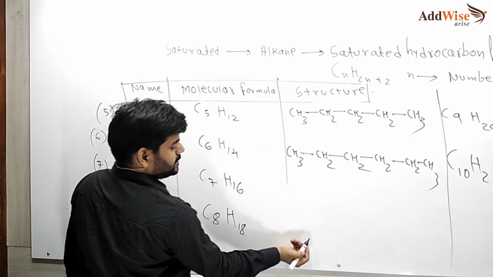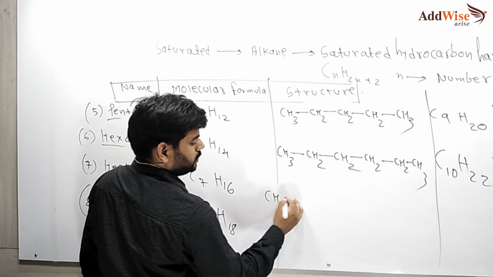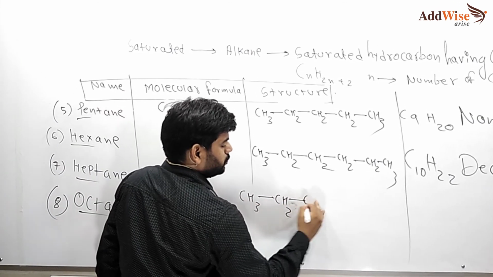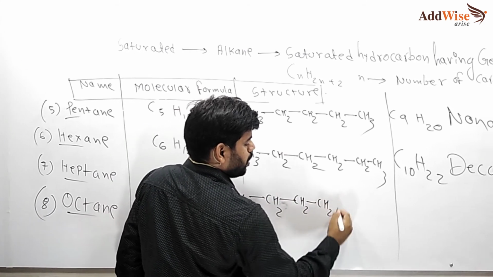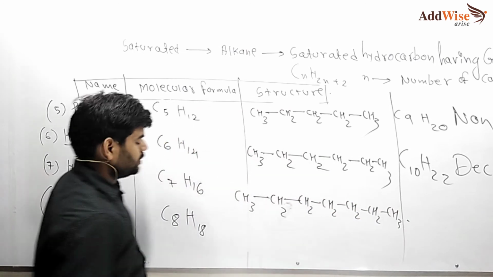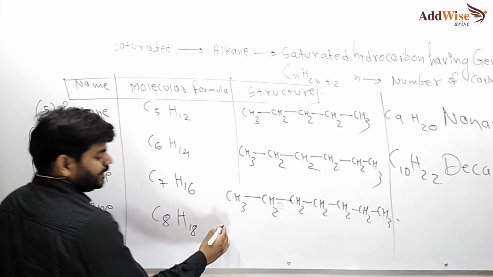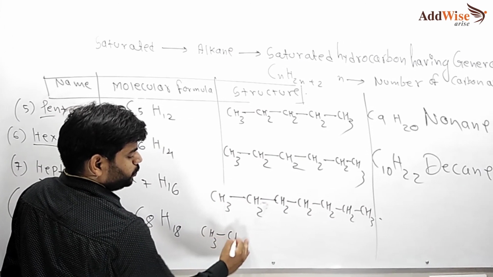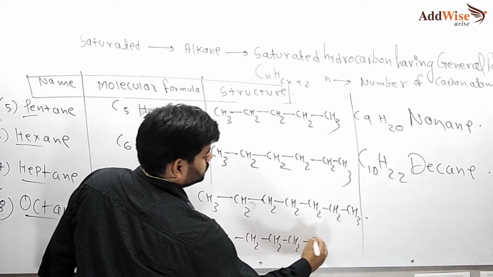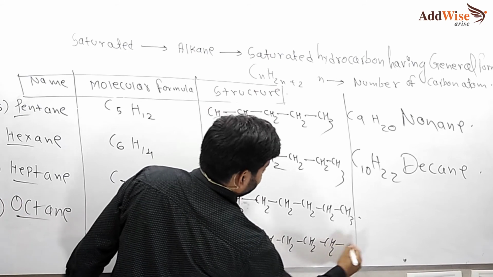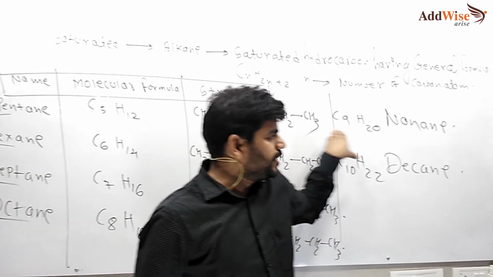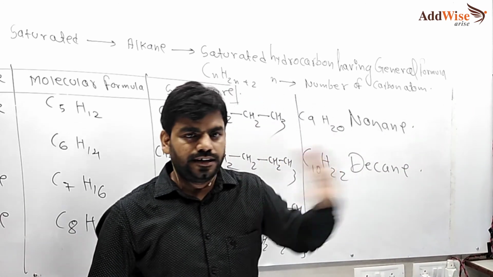Then I can say it is like 1, 2, CH2, 3, 4, CH2, 5, CH2, 6, 7, CH3. And 8 carbon, then again write like 1, 2, 3, 4, 5, 6, 7, 8. This is the structure of octane. Similarly, we can draw the straight chain of nonane and decane also.